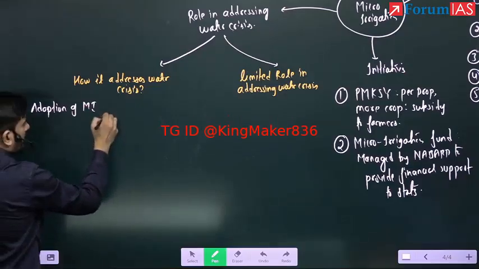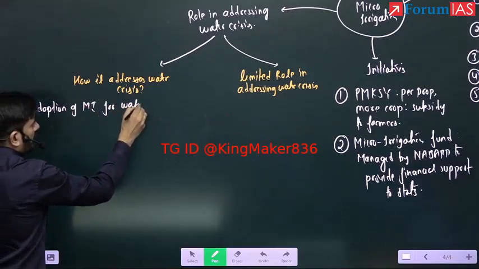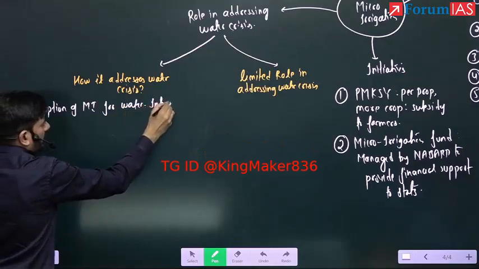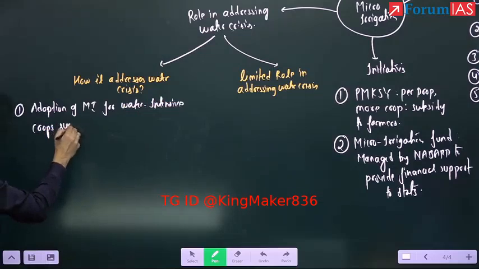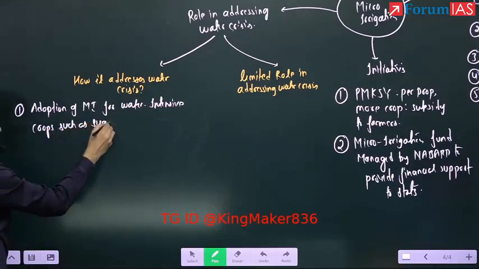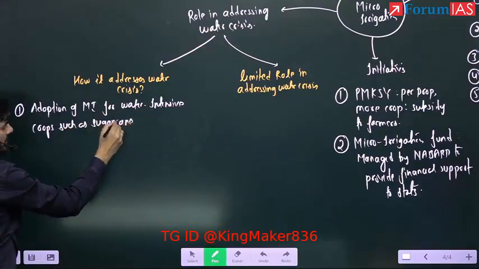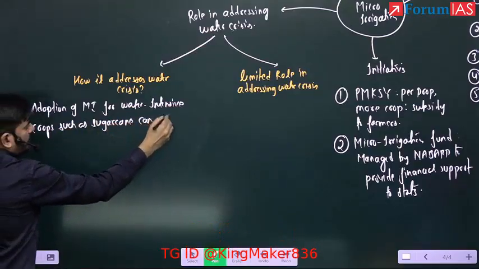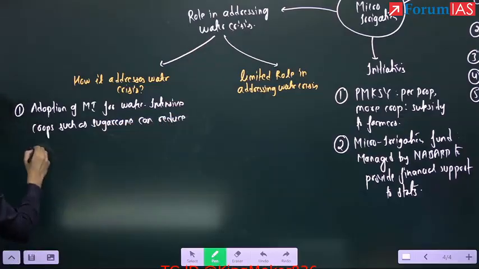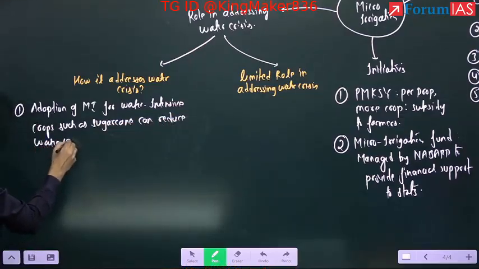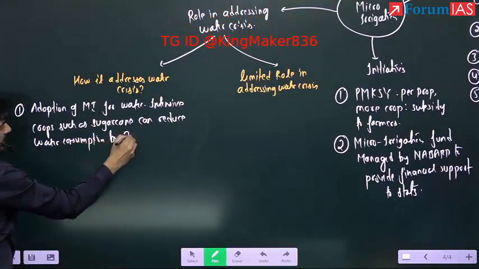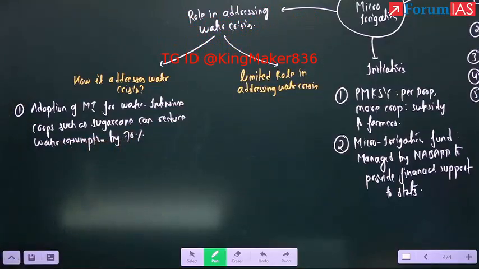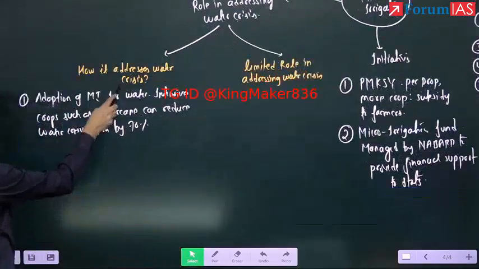Adoption of micro irrigation for water intensive crops such as sugarcane can reduce water consumption by a whopping 70%. This is how you should be able to write.